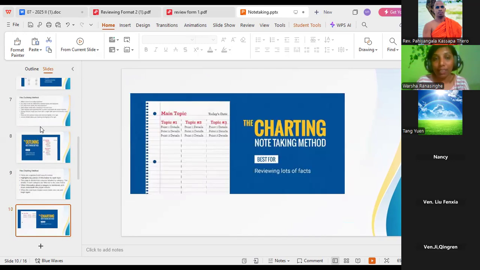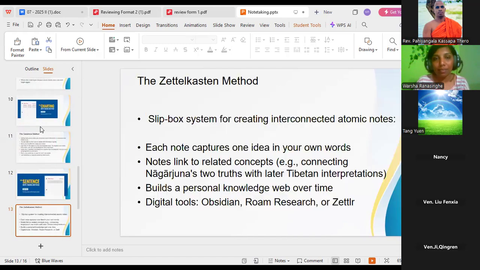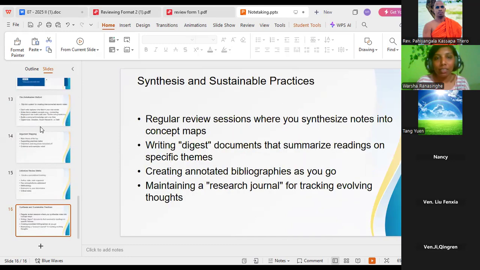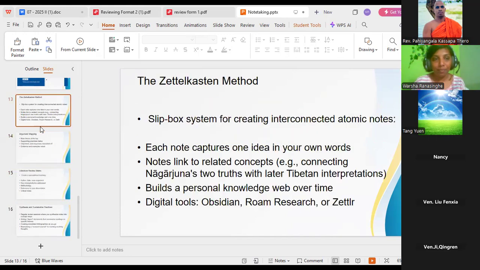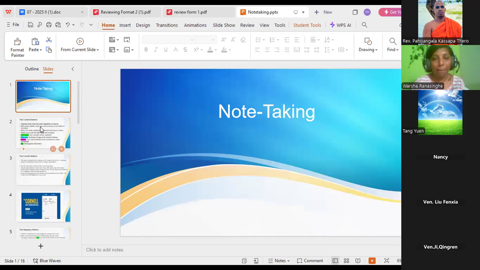We can call it the grid method as well, and finally the sentence method. We will do this method and also argument mapping. These things when I meet you Saturday, and then we will move to paragraph writing and then thesis statement developing.